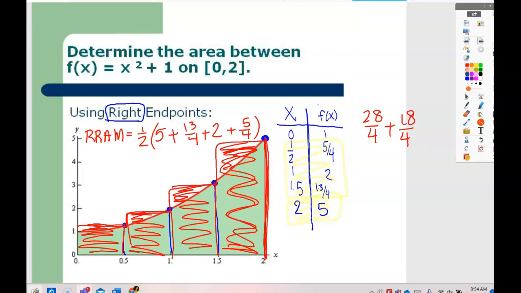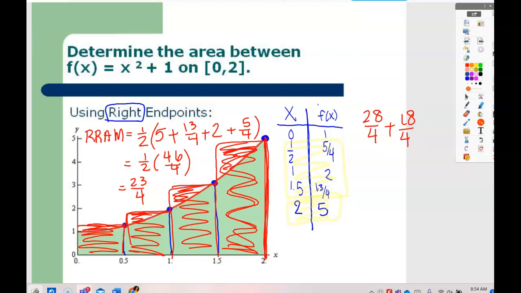So wait, so now you have 1/2 times 46 divided by 4, which is half of 46 is 23, so you have 23/4. So about 5.75.